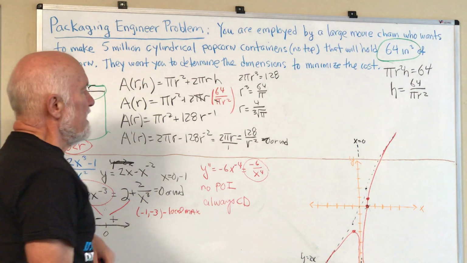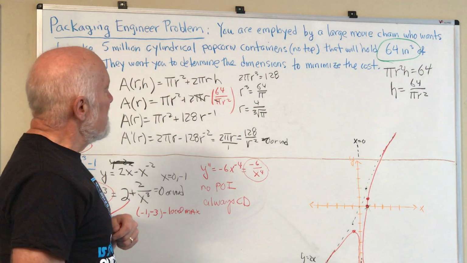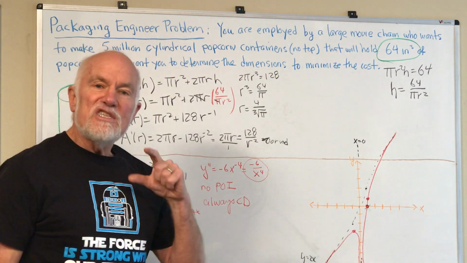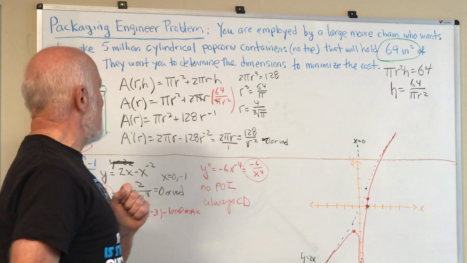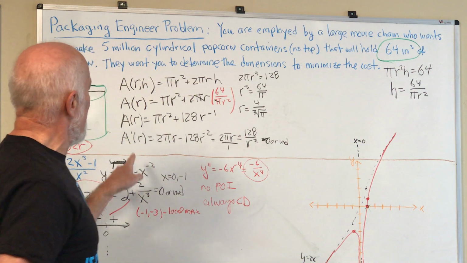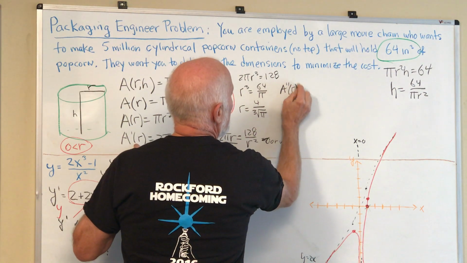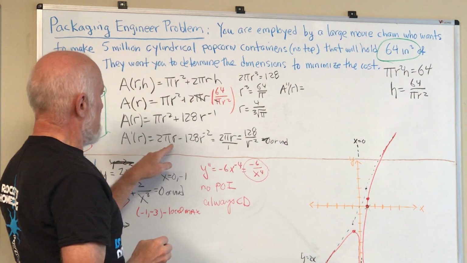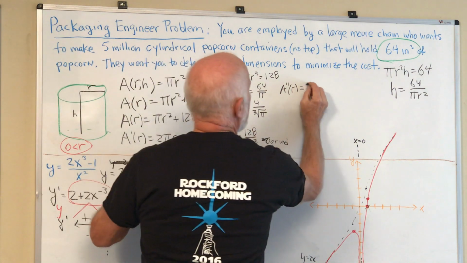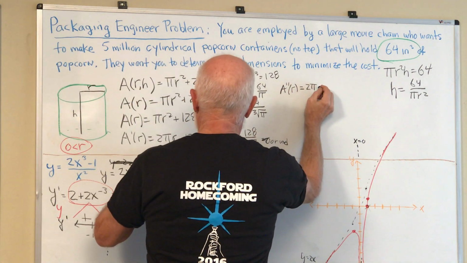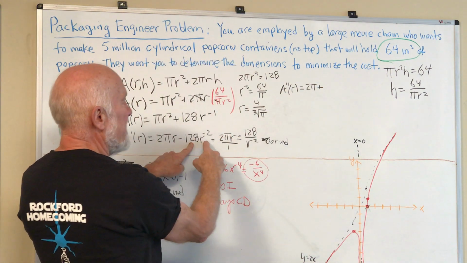And we could now put that on the number line. But I'm deciding that we haven't really tested the second derivative test for local maxes or mins, and it might be a good thing to do that. So let's take the second derivative, which is going to be 2 pi plus 128 r to the negative 3.